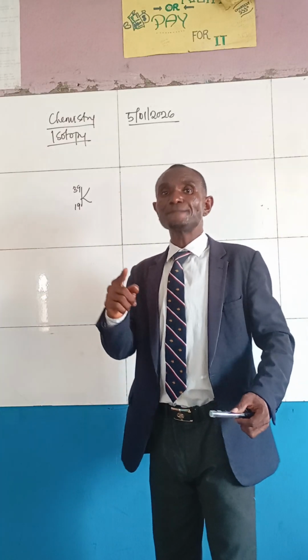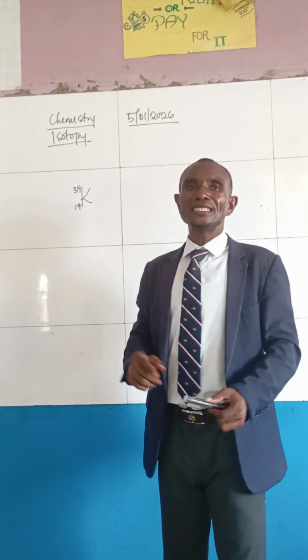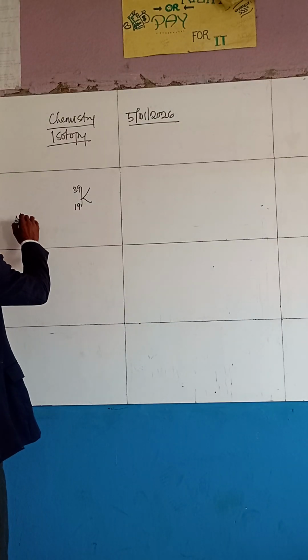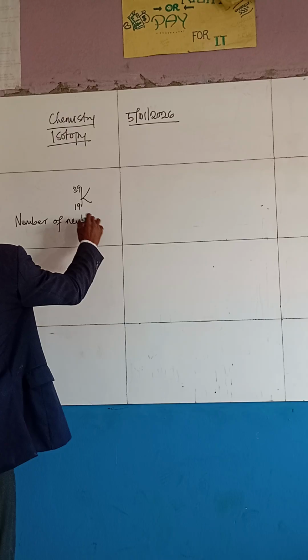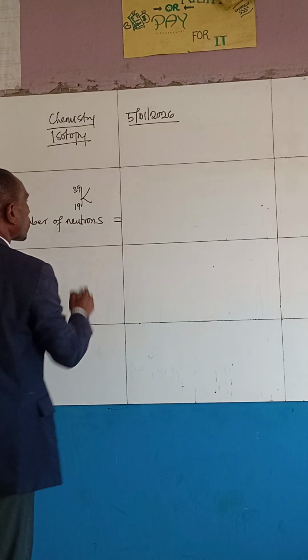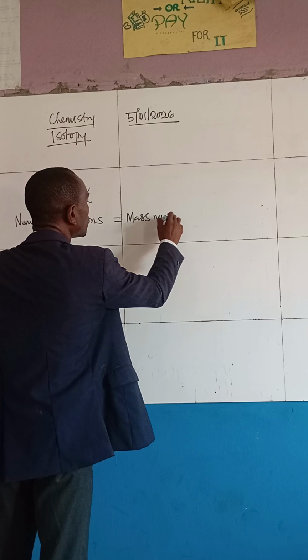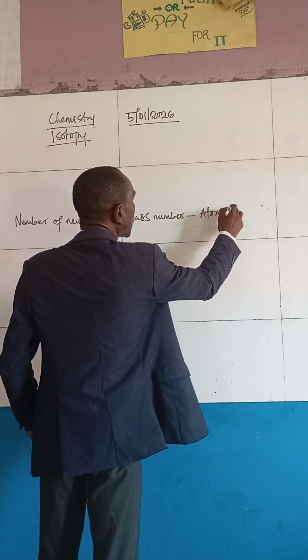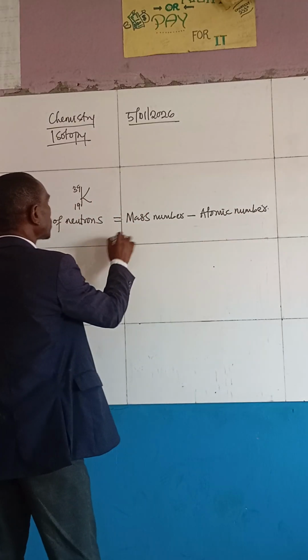Now the question is, how do I calculate the number of neutrons? The number of neutrons is equal to the mass number minus the atomic number. What is the mass number?